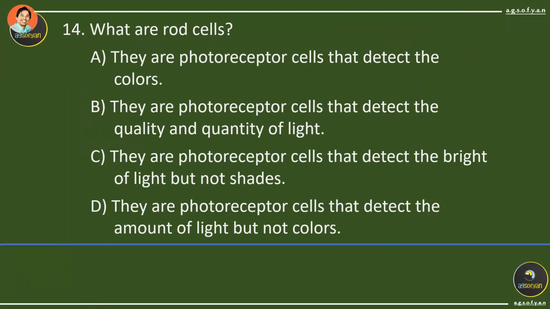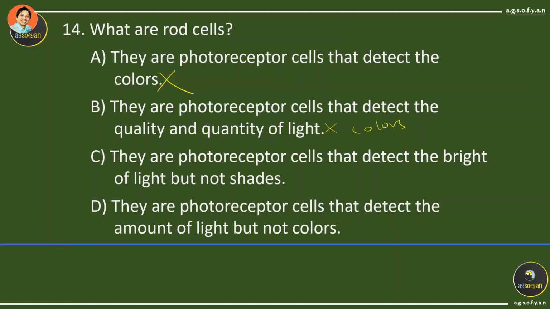What are rod cells? A, B, C, or D? We just mentioned that the rod cell is a photoreceptor that detects black and white. This photoreceptor detects the color, so this should be incorrect. This photoreceptor that detects the quality and quantity of the light is not really correct, because with quality and quantity of light, you will see the color too.